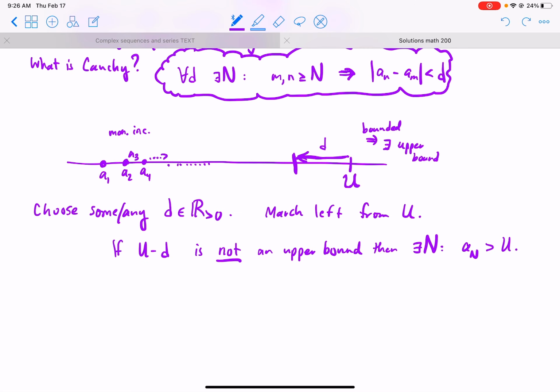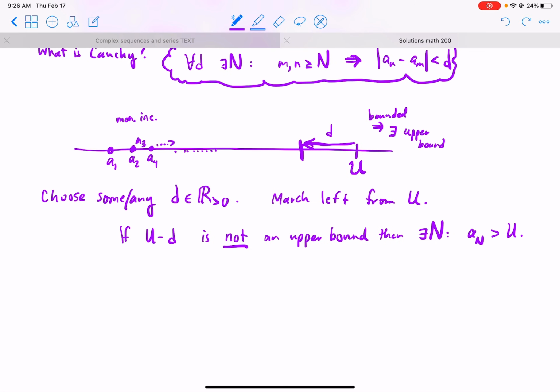So hold on, I have to say that more carefully. If U minus d is not an upper bound, then there's something that shows it's not an upper bound. Else, if U minus 2d, if I step back twice by d, is not an upper bound.